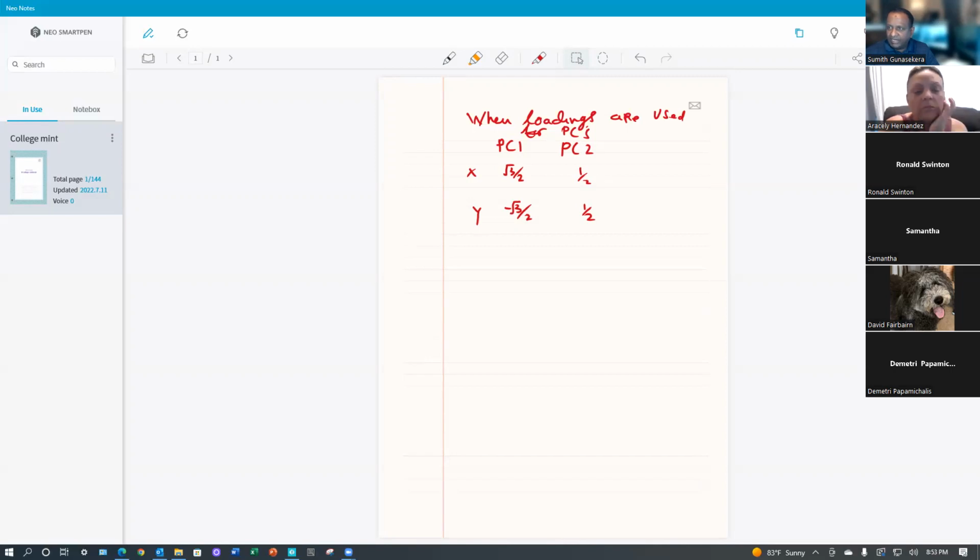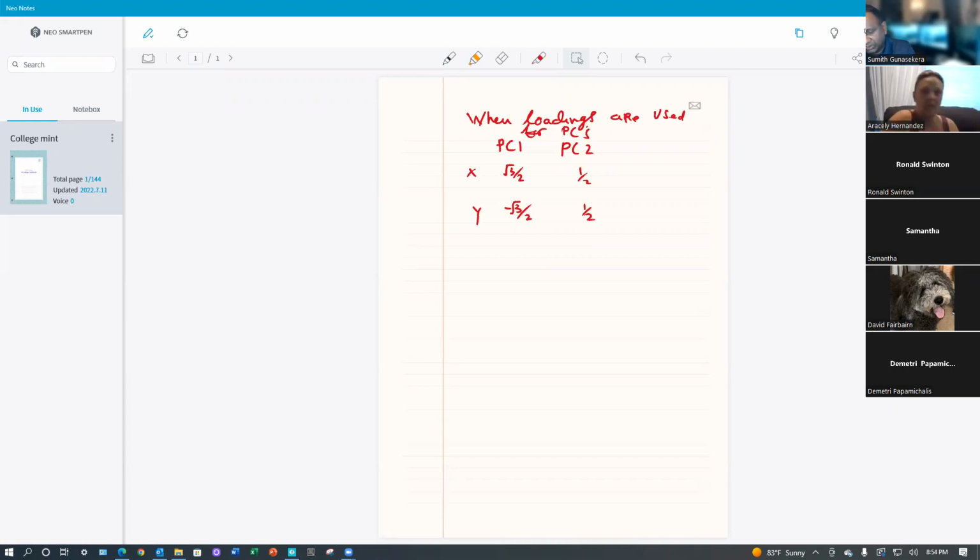Learn with the smaller one, then extend the same idea to the bigger picture. But here, instead of eigenvalues, I'm going to use the loadings. That's why I want to line this up very clearly. There are two settings: sometimes I use the loadings, sometimes I use the eigenvectors.